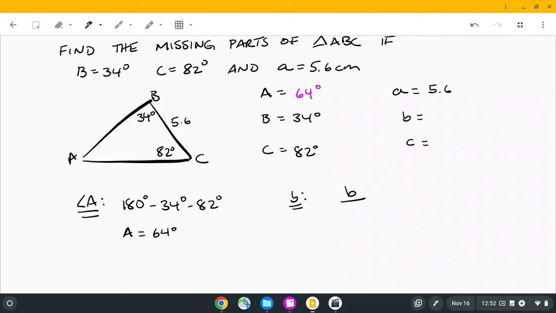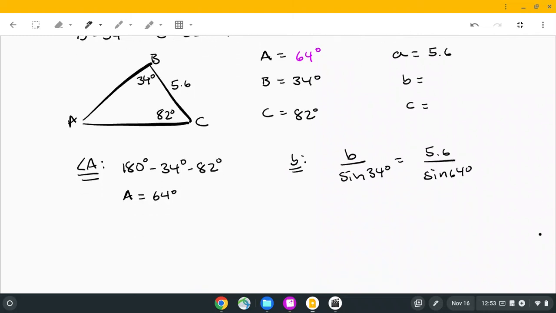in the numerator. So lowercase b over sine of 34 equals lowercase a over sine 64. Okay? And so solving for b equals 5.6 times sine 34 degrees over sine 64 degrees.